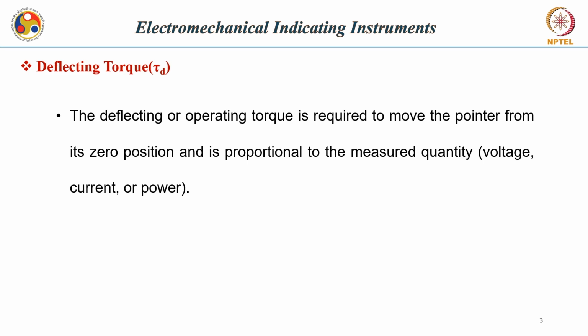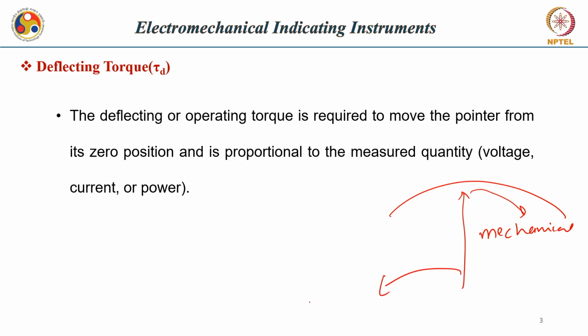Essentially the pointer was at 0 position, and any deflection in the pointer's position is a mechanical effect, and this mechanical effect is because of some electrical phenomenon in the background. This can be, as I have mentioned, the current, voltage, power or energy.